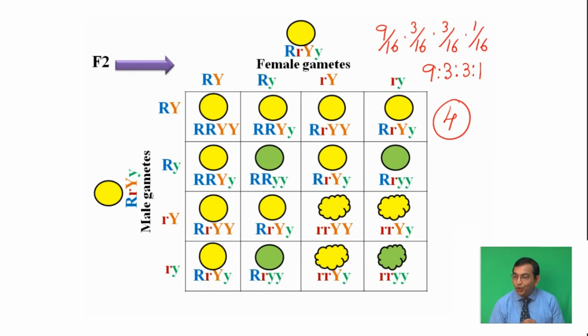So it is called the law of independent assortment, which indicates that the genes are located on different chromosomes. This is Mendel's second law, the law of independent assortment, where he obtained 9:3:3:1.